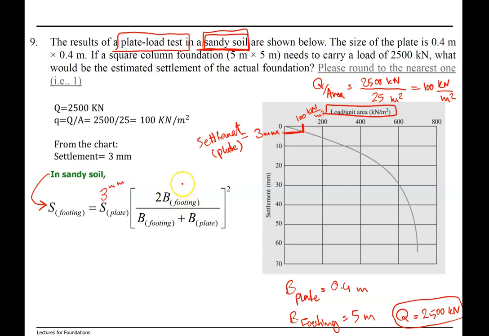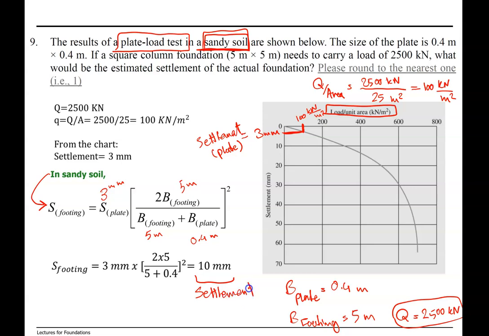Width of footing is 5 meters, and the plate is 0.4 meters. Just plug in the numbers in the formula, and you will get settlement in footing is actually 10 millimeters.